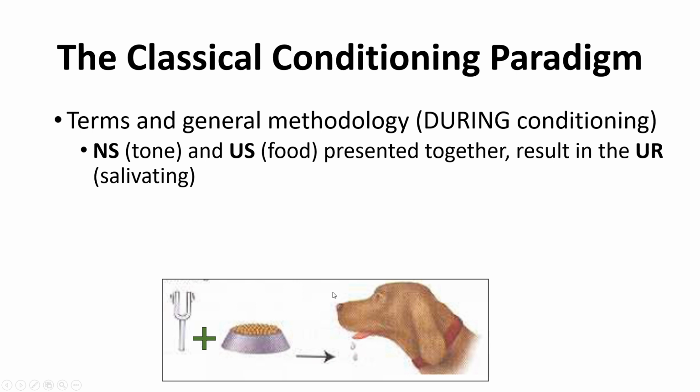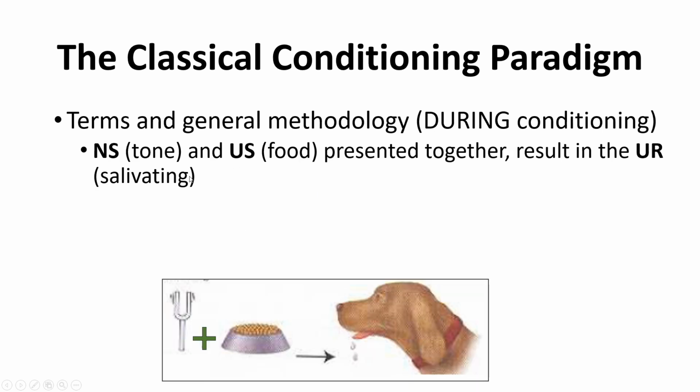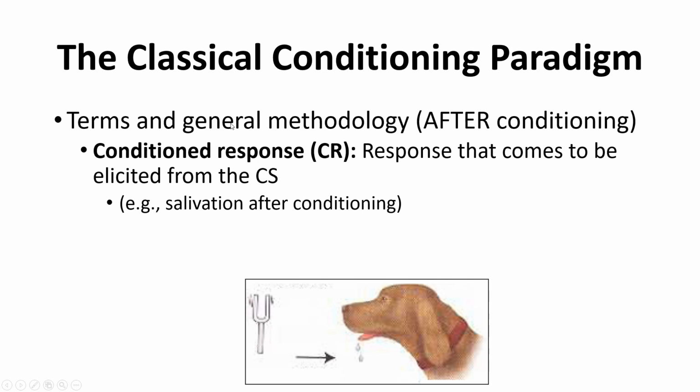And you're going to do this multiple times, multiple trials, multiple pairings. So you have your tone and your food presented together, and the dog salivates. Over time, that neutral stimulus becomes a conditioned stimulus. And after conditioning has happened, we can say that conditioned stimulus is going to produce a conditioned response.